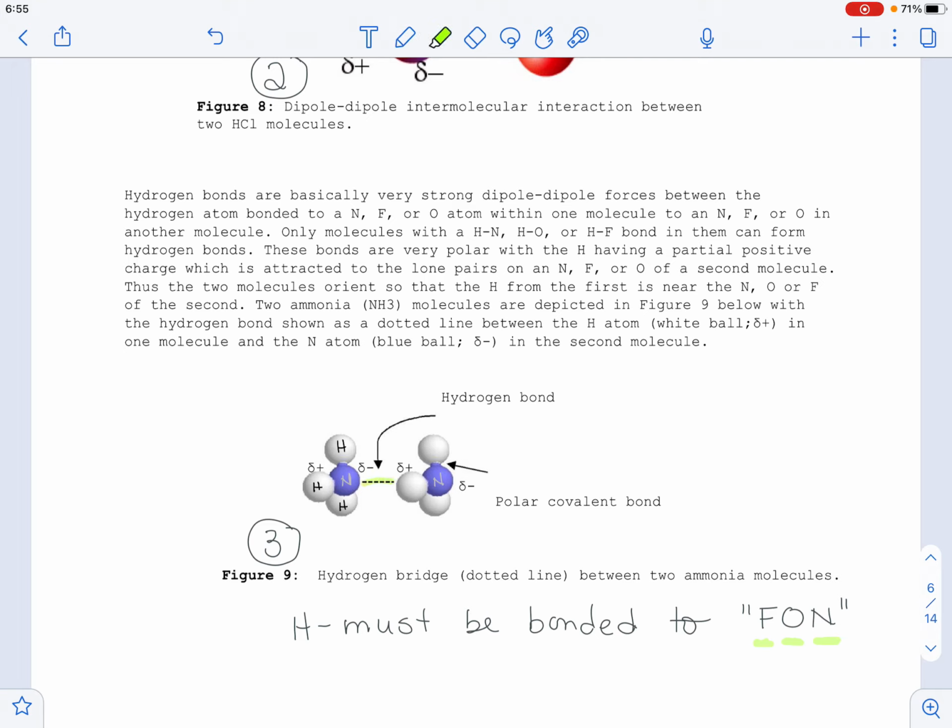The hydrogen bond specifically is in between the nitrogen atom and a hydrogen atom bonded to one of those fun elements. And in this case, because we have two ammonia molecules interacting with one another, that hydrogen bond is because the nitrogen of one molecule is interacting with the hydrogen that is in the neighboring molecule.